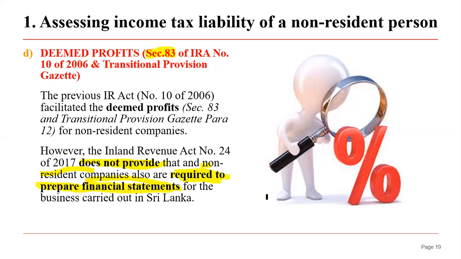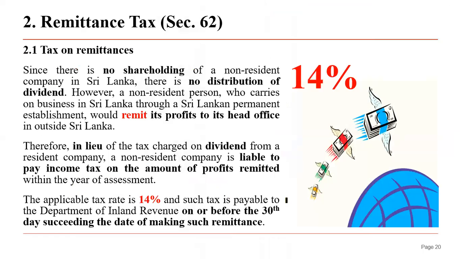Right. Then I'm moving to the remittance tax. Anyway, I need not go into detail because I did the remittance tax calculation there. The remittance tax arises because there is no sharing as a dividend with a non-resident company.